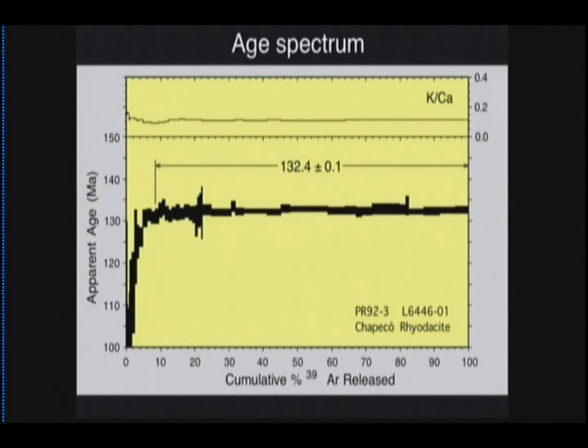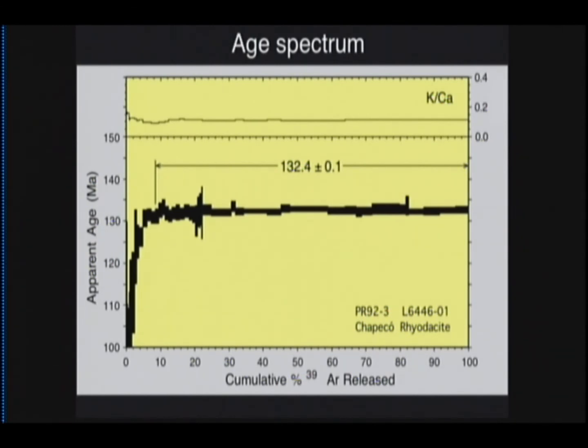So typically we plot age as a function of the cumulative amount of the argon-39 released. We could use argon-37 if we wanted to, but since 39 is related to argon-40, this is more acceptable usually.